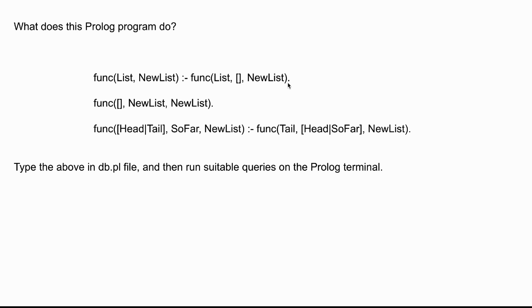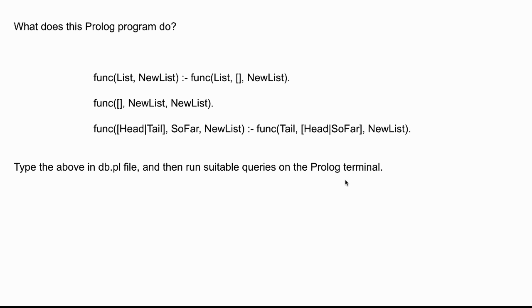Okay. Another question, once you are done with that, try out this one. You have func(List, NewList), which is func of the empty list, then NewList. This is a slightly complicated program, but write this in your db.pl file and run some queries on this on the Prolog terminal.